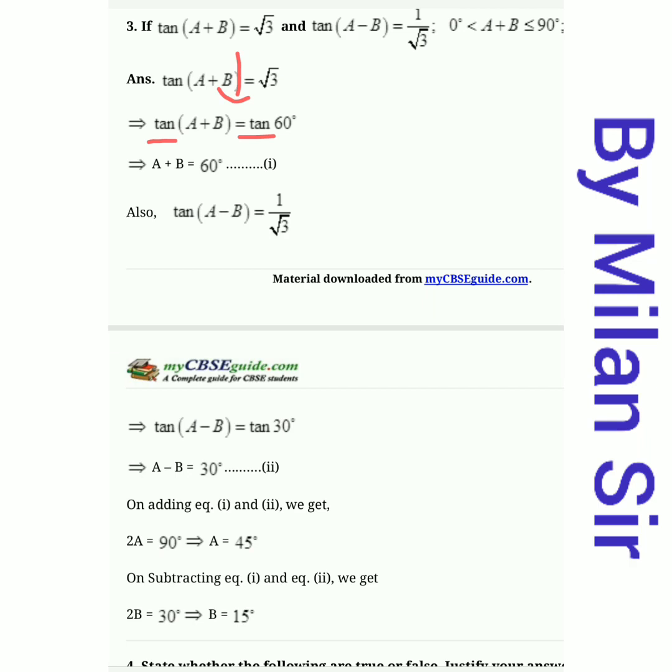So by equating the angles, here the angle is a plus b, here the angle is 60. So a plus b is equal to 60, right?